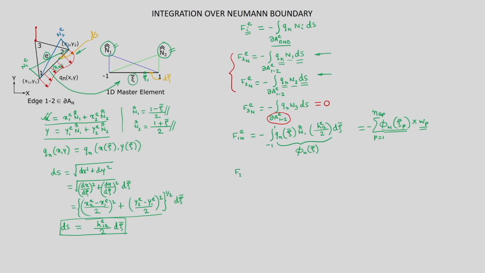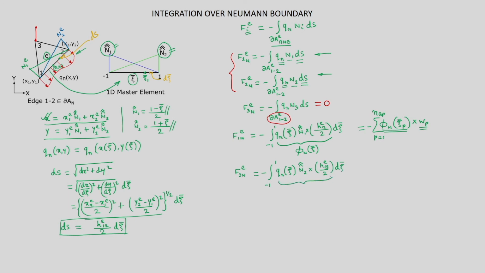Similarly, f2n for element e I can write as the integral from minus 1 to 1, where qn is the same function of xi bar, we have n2 double hat into h12e by 2 into d xi bar.